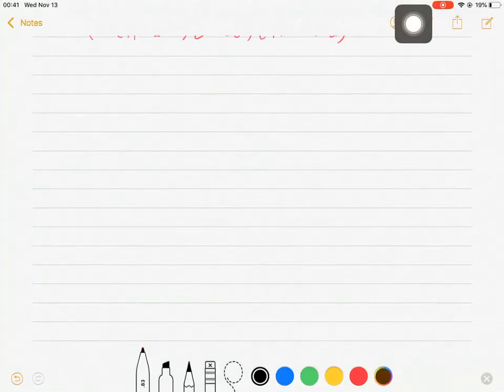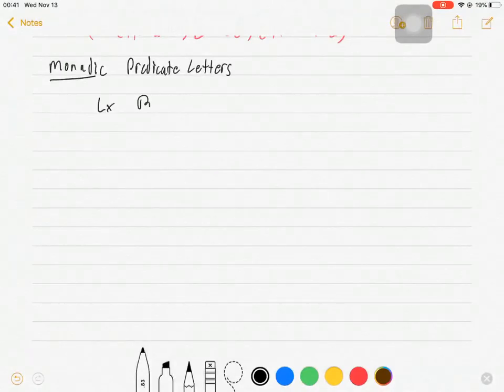So far what we've looked at are what we could call monadic predicate letters. That's just a fancy way of saying we've looked at stuff that looks like this, i.e. something that has one big letter and something that has one tiny placeholder letter.